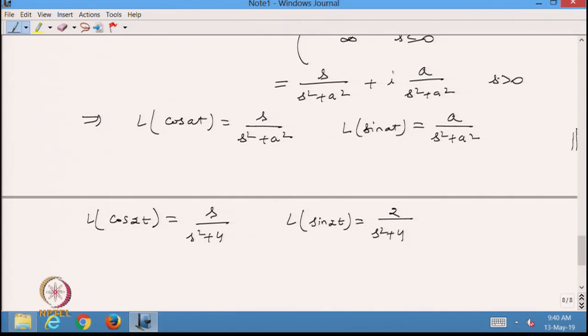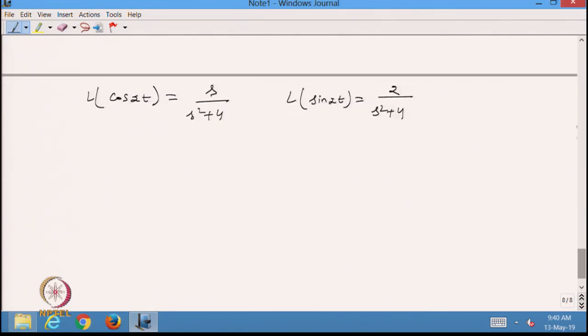Now, if somebody asks that my F(s) is 4 by s square plus 9, then which function f(t) can we find such that the Laplace of that function is equal to this function?